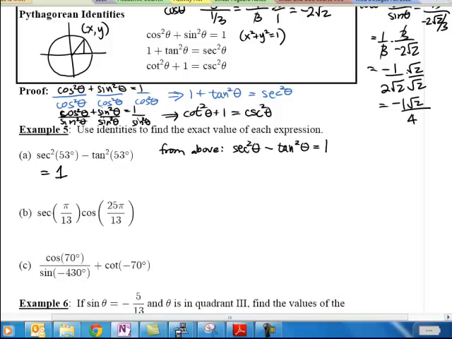The next one is a little trickier because the inputs aren't the same exactly. But we can say at least that this would be 1 over cosine of pi over 13. And then we've got cosine of 25 pi over 13.